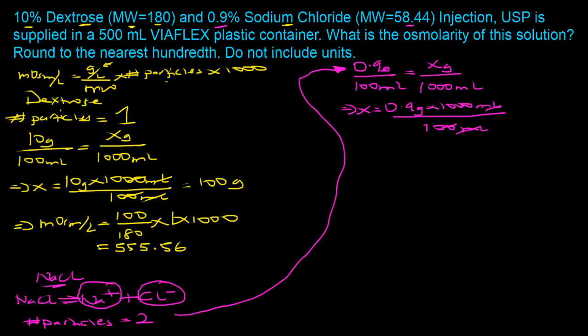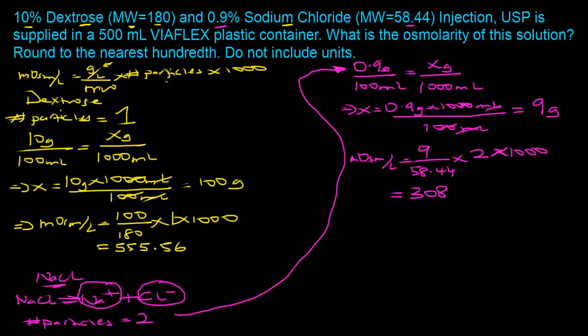That cancels out, and you essentially end up with 9 grams. So now we have all the information that we need. We put it back into the equation. Milliosmoles per liter is going to be equal to 9 divided by the molecular weight, 58.44, times number of particles, which is 2, times 1,000. So if you do the math, you end up with essentially 308.